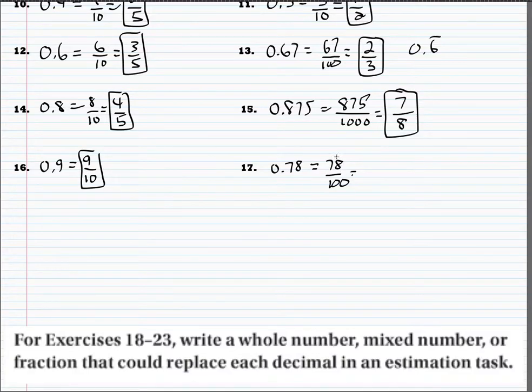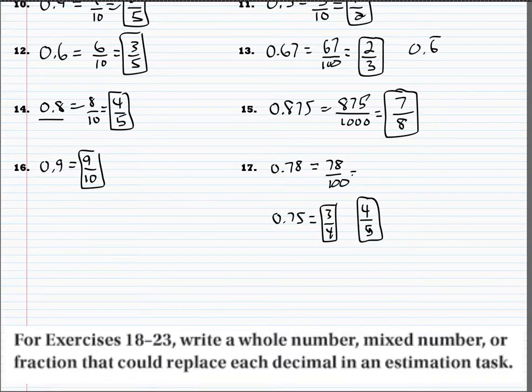You should know that 0.75 equals 3/4, right? Which is an acceptable answer. But I also think that 0.78 is really close to 0.8, which is back to 4/5. So I think either one of those answers would be acceptable there.